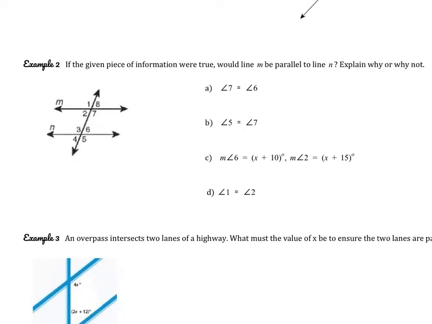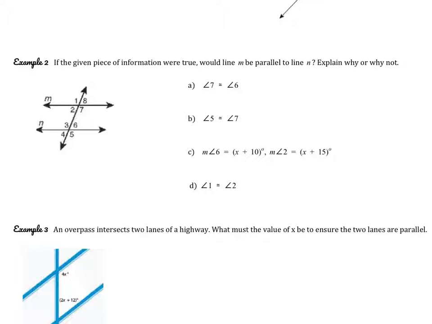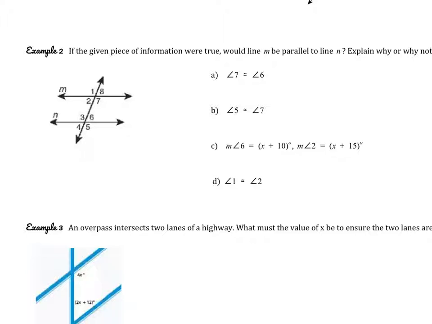Okay, let's look at this first example. Here it says, if the given piece of information were true, would line M be parallel to line N? Explain why or why not. So we're essentially going to see if we are able to use one of those converse statements. The first one says angle 7 is congruent to angle 6.